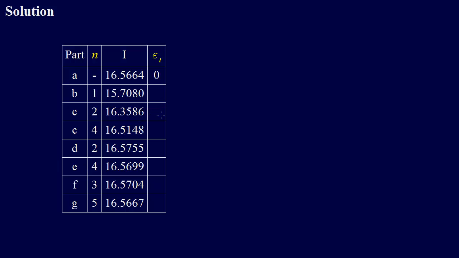So the thing we need to do then is compute the percent relative error, and that's epsilon sub t equals the true minus the estimate over the true value. And if we want it in a percent, we can multiply it by 100.